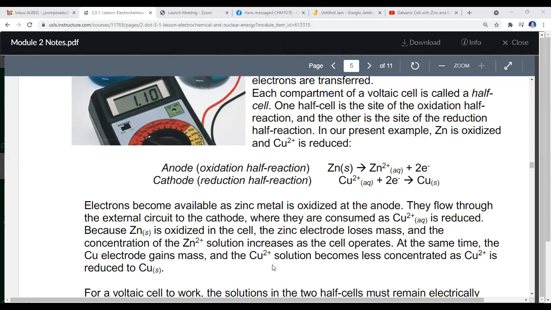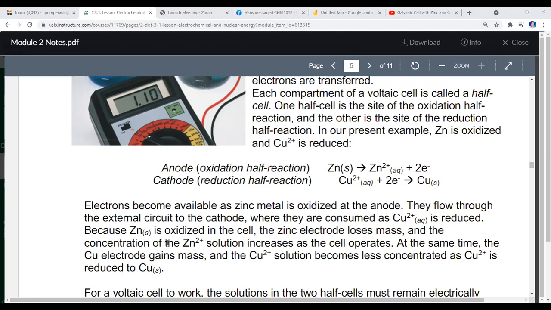And the copper 2 plus solution becomes less concentrated. Why? Because your copper 2 plus cation is being converted, or reduced, to copper. So as your zinc is oxidized, it loses mass in the anode, and the concentration of the zinc 2 plus solution increases.